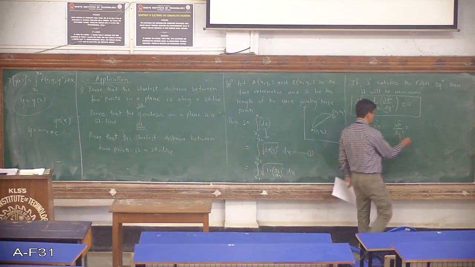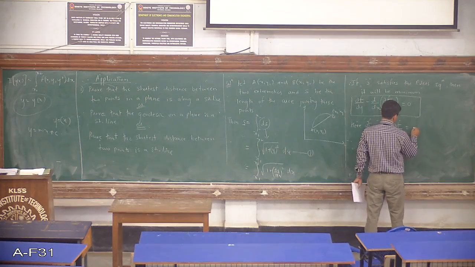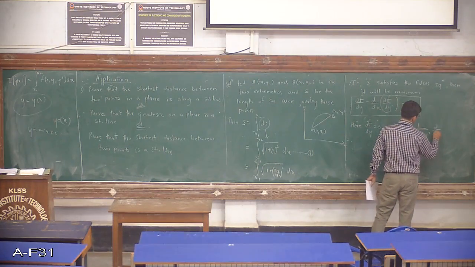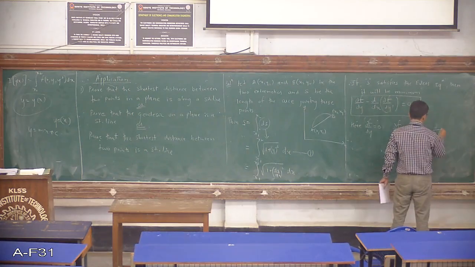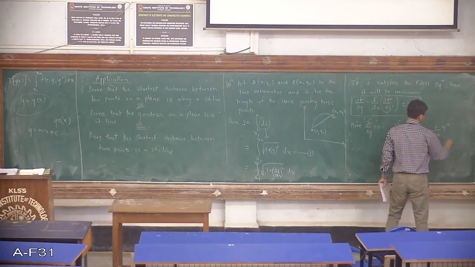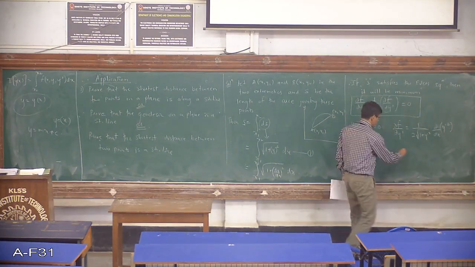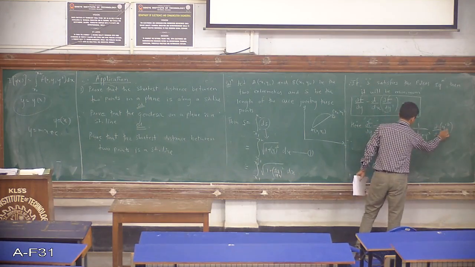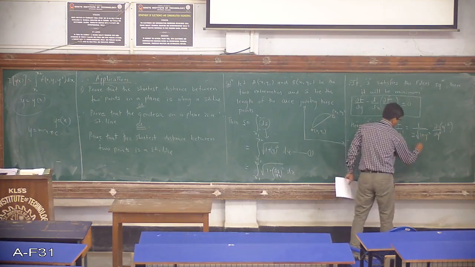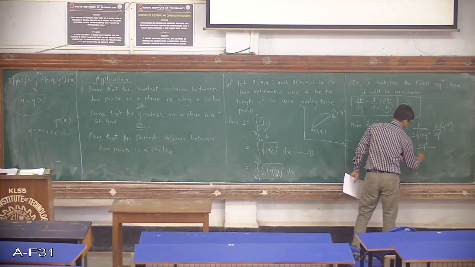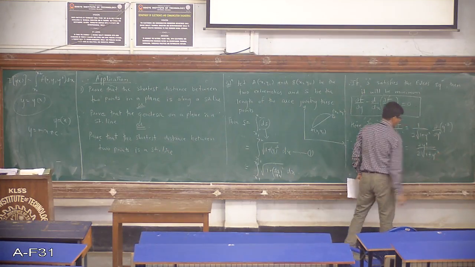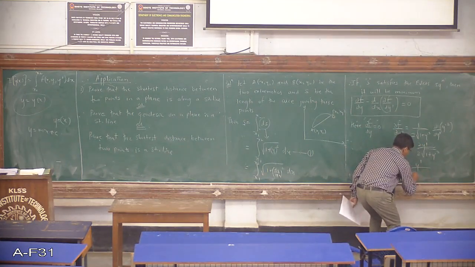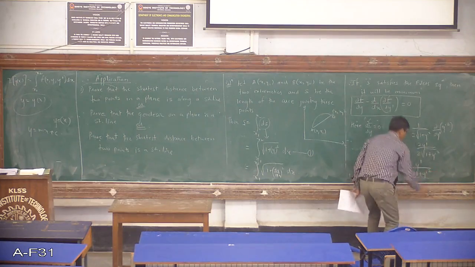So this is 1 upon 2 root 1 plus y1 square into dou by dou x of y1 square, it is a composite function, so which is equal to 1 upon, so this composite function with respect to y prime, not x, this becomes 2y prime divided by 2 square root of 1 plus y1 prime square. So this 2 and this 2 get cancelled, and I have my output as y prime divided by square root of 1 plus y1 square. Fine.